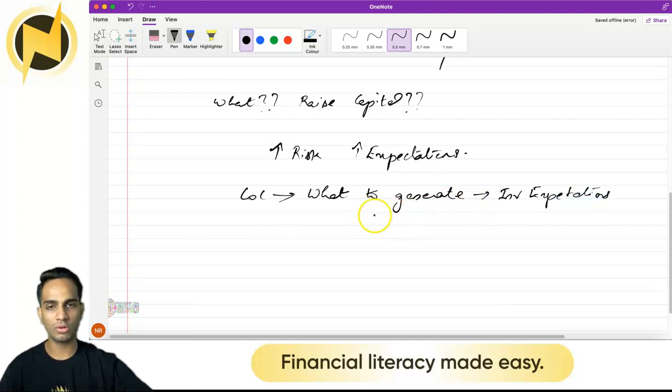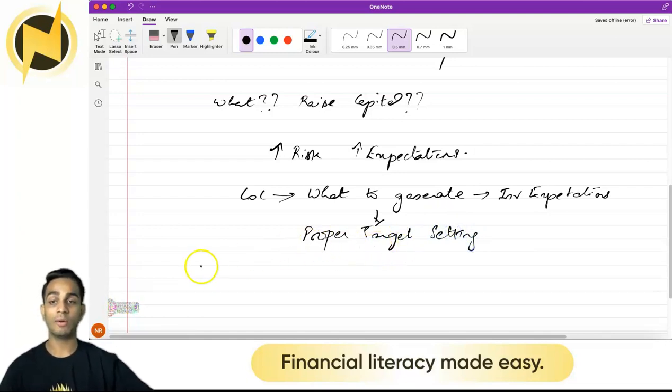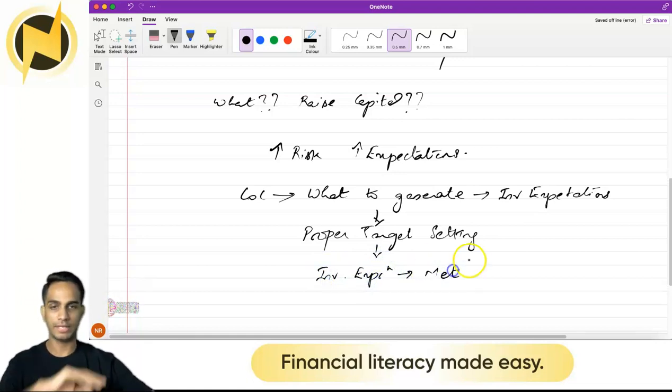Now, when you know what to generate, you can easily set proper targets. So this allows proper target setting. Yes. Now with this proper target setting, what happens? The investors' expectations can be met.